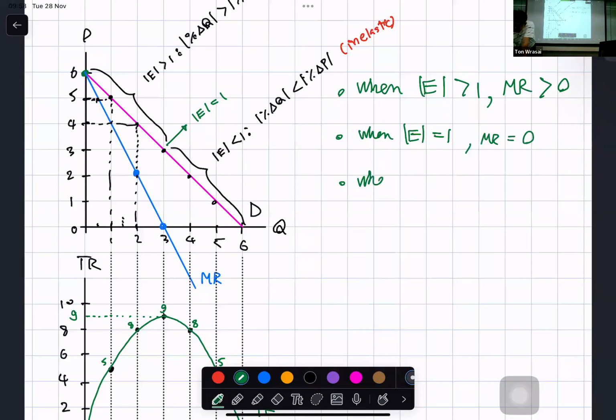And on the lower range, when demand is inelastic, we observe that marginal revenue dives into the negative zone. So MR is negative, less than 0. The 3 bullets here come from the first diagram.